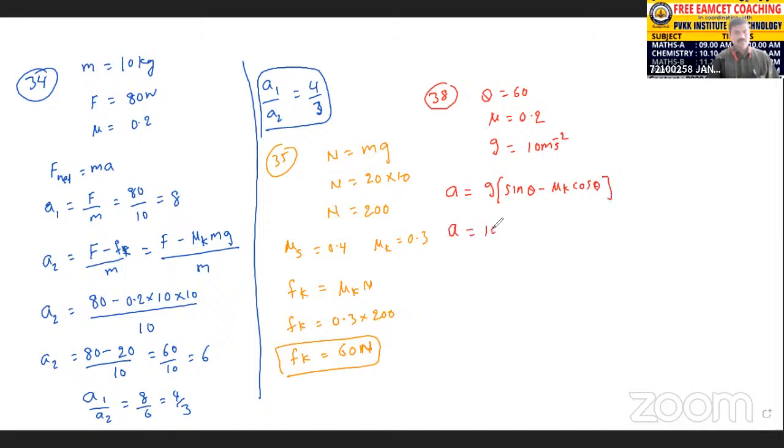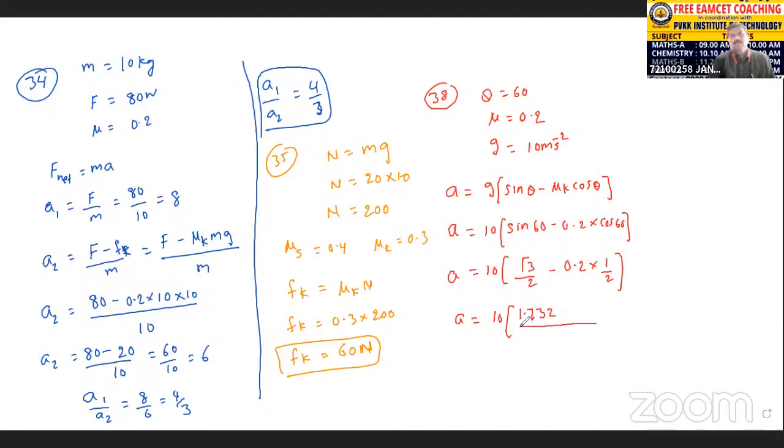A is equal to 10 into sine 60, which is root 3 by 2, minus 0.2 into cos 60, which is 1 by 2. The value of root 3 is 1.732.